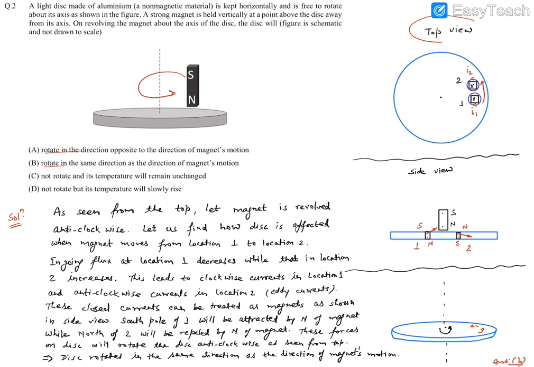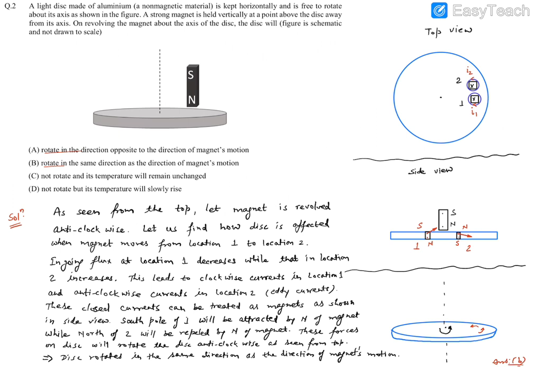So if it is seen from the top, it is being rotated in this sense, which is the anti-clockwise sense. So I'm assuming that the bar magnet is being rotated in the anti-clockwise sense. Now we will see what happens to the disk, whether it rotates or not, and if it rotates, in what sense.